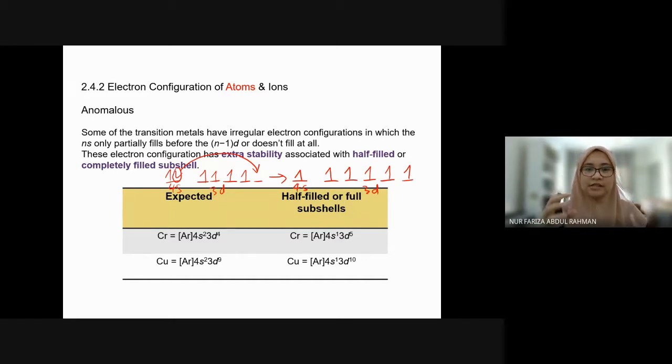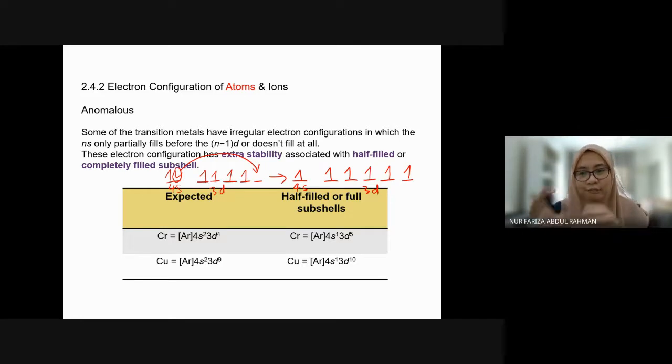The d orbital itself is very high in energy. So we need to stabilize the d orbital if it is possible. It does not have to jump every time; we need to look at the situation at that time. Can it jump, and is it stable? If it jumps but there is still no stability, then what's the point of jumping? What's the point of transferring the electron to the d orbital?